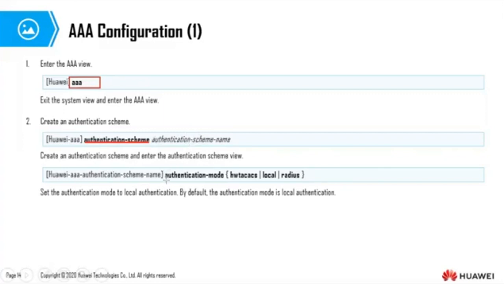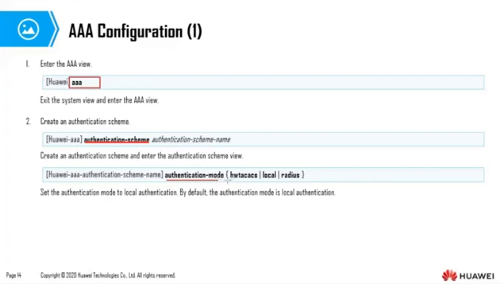Then you also create an authentication mode. The authentication mode is the mode by which the NAS is going to communicate with Radius. Really, it determines whether we are going to use local or remote authentication.